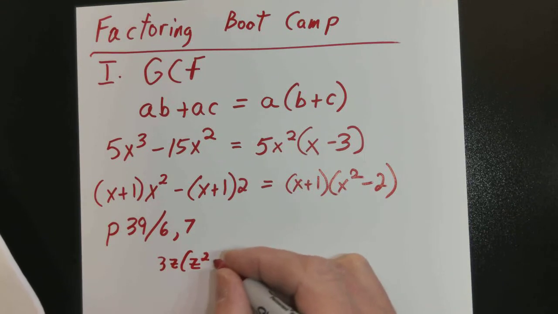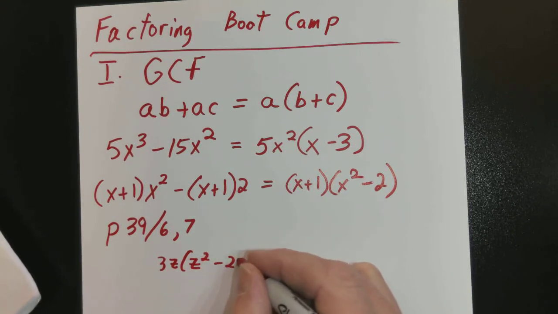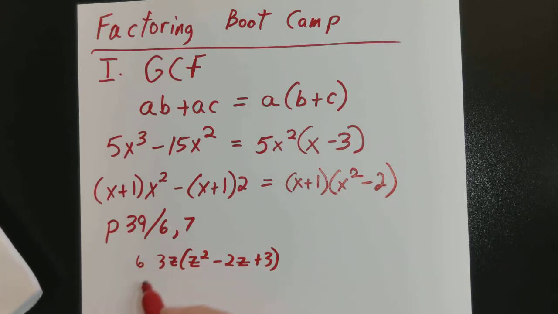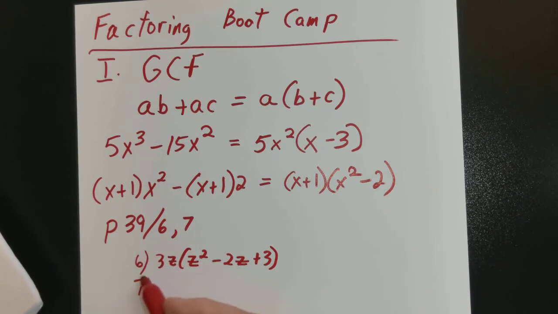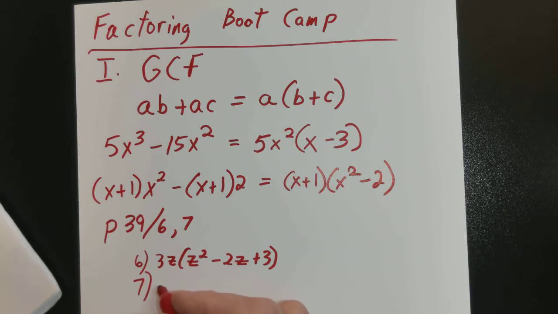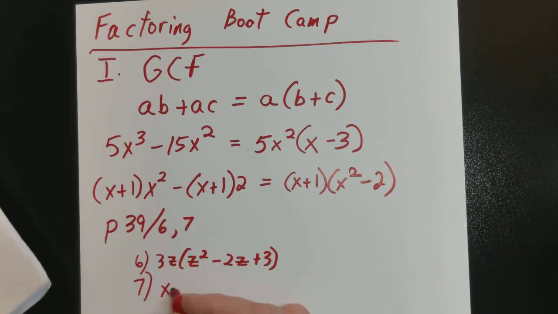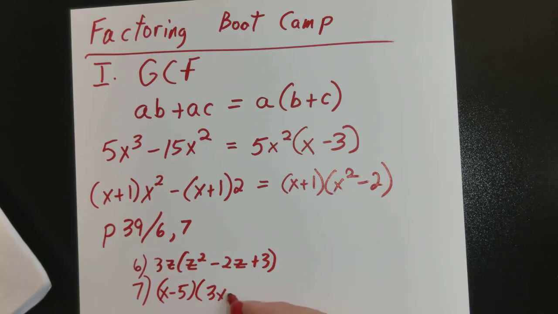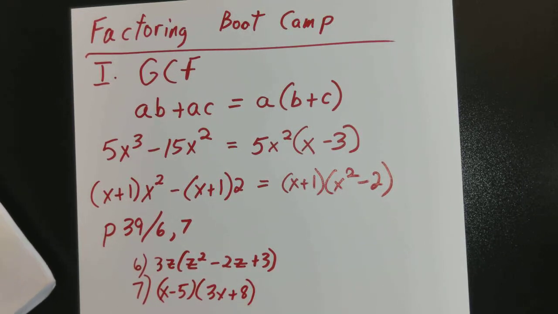What'd you say, z squared? Yeah, minus 2z plus 3. Okay. For 6. All right. Any questions? All right. Number 7. Meg? 3x plus what? 8. All right. Any questions? We're good with that? All right.